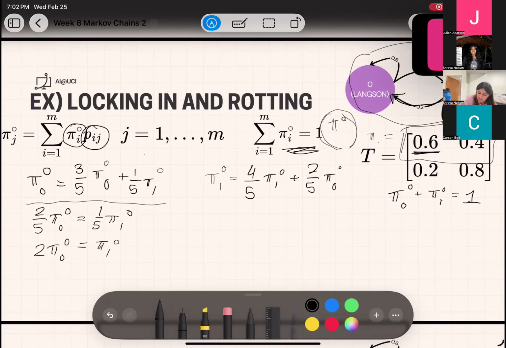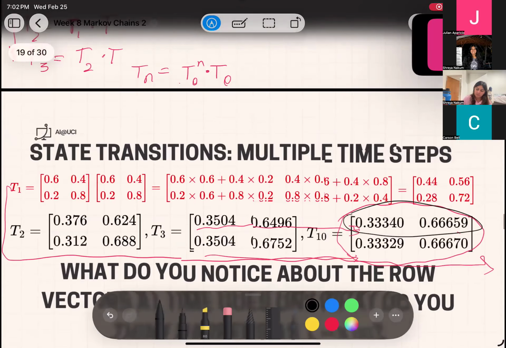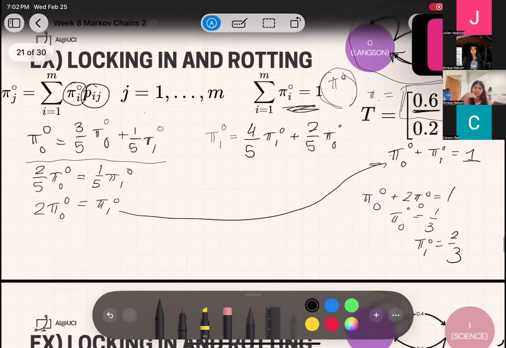Then we have this, and you can plug that into here, which means pi 1 equals 2/3. Does that make sense? And it aligns with our results here. Do you have questions?